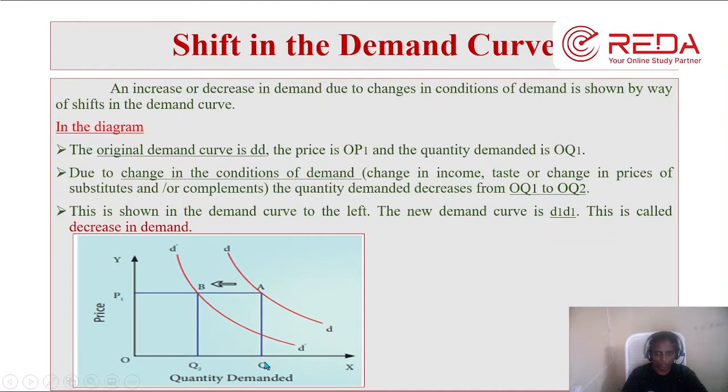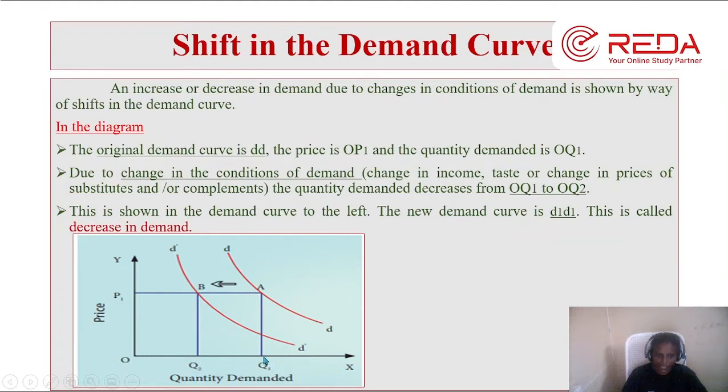So from which point to which point will it go down? From the point 0 Q1 level to the point 0 Q2 level. So this is the difference in the quantity demanded.